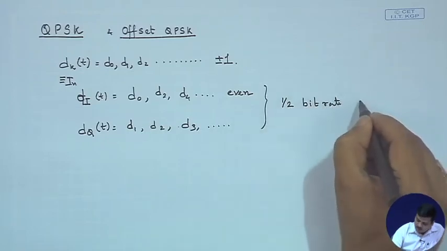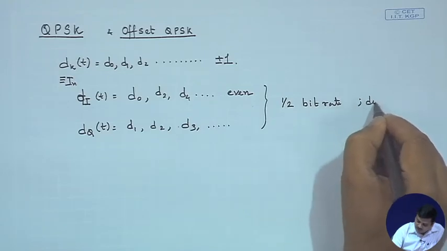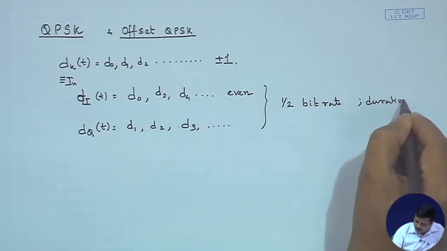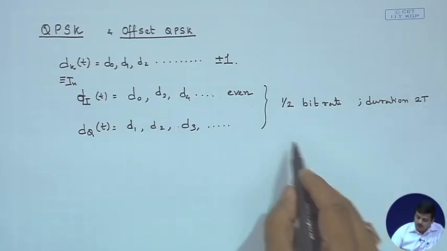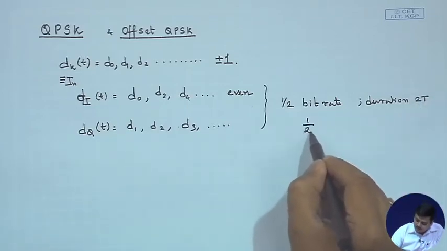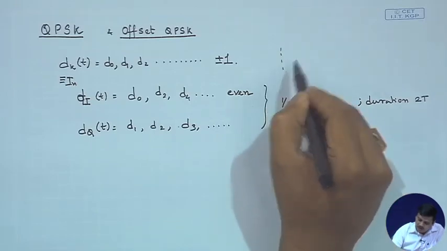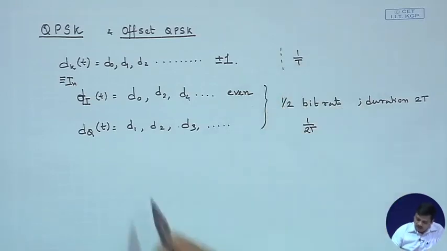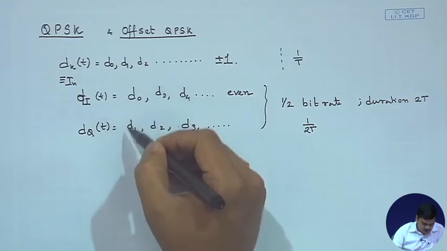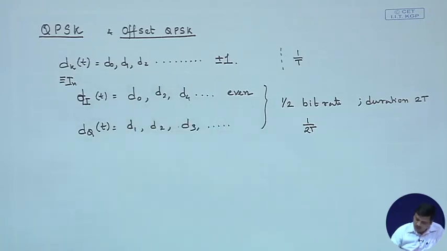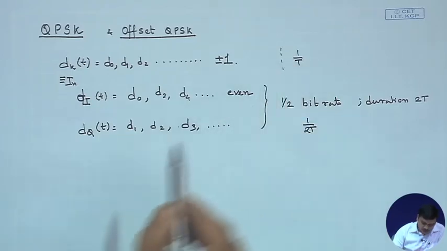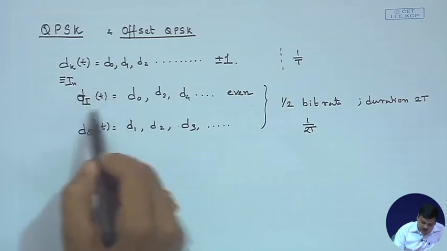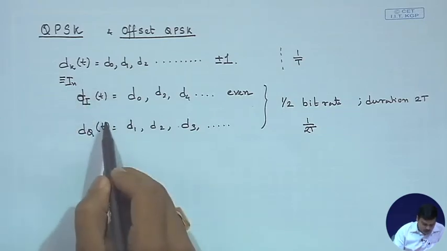That means they have the duration 2T, right, and therefore, the rate is 1 upon 2T, whereas here the rate is 1 upon T. However, since these two are together being sent on quadrature carriers, they would come up with a rate of 1 by T, and this one modulates a cosine, this one modulates a sinusoid.